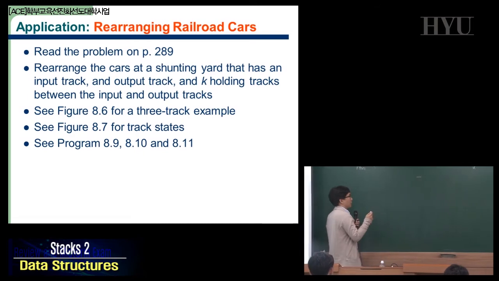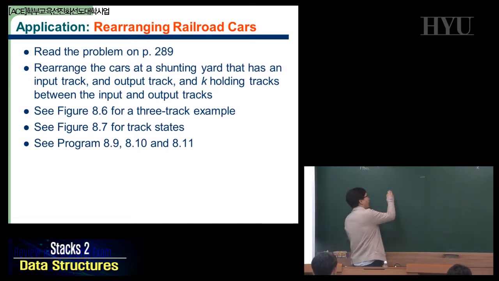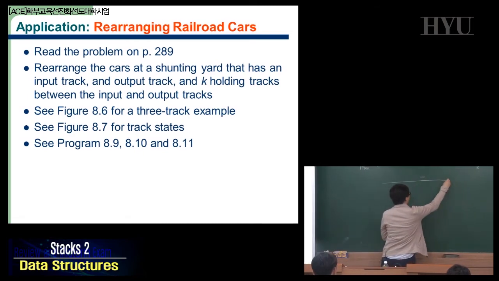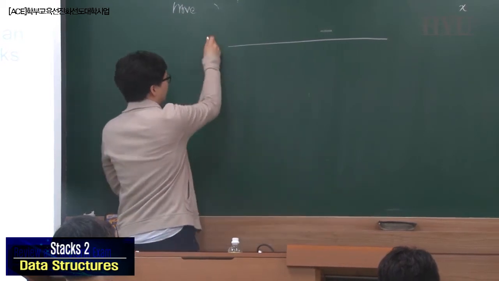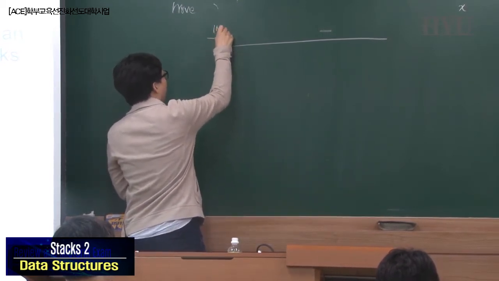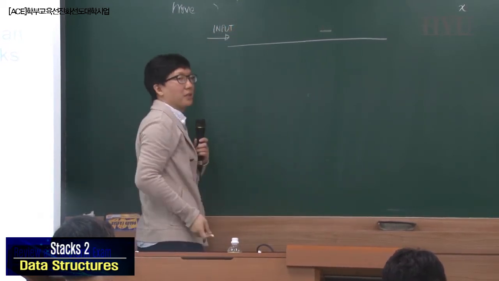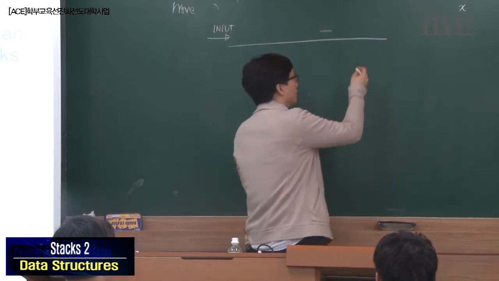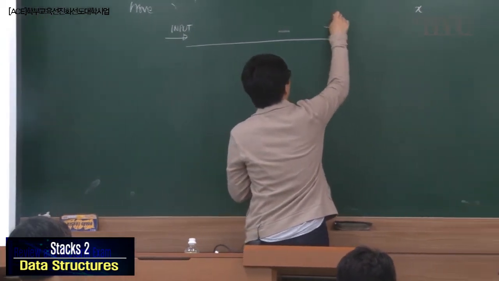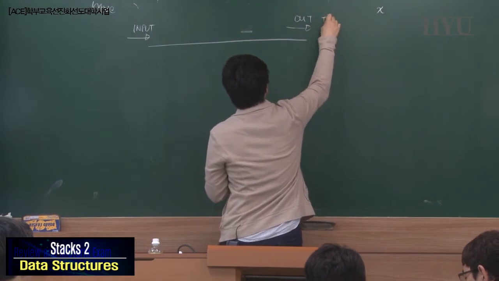If you take a look at it, I keep forgetting. It's a railway. It's an input track. I'm just doing this because some of you probably did not read your textbook. This is the output track.